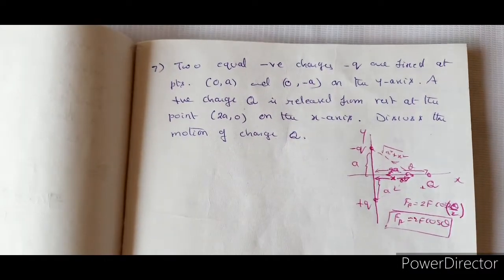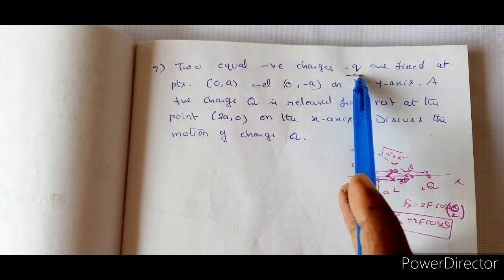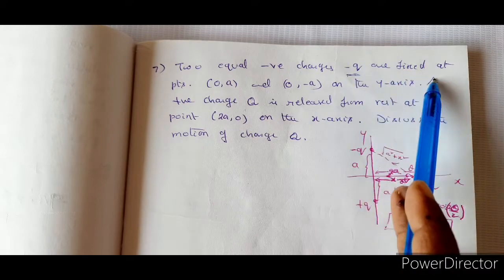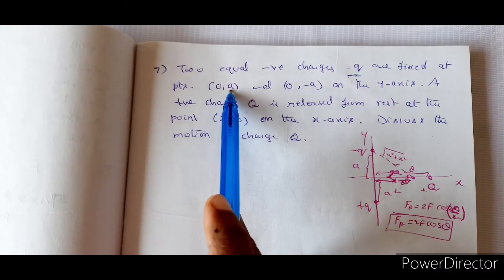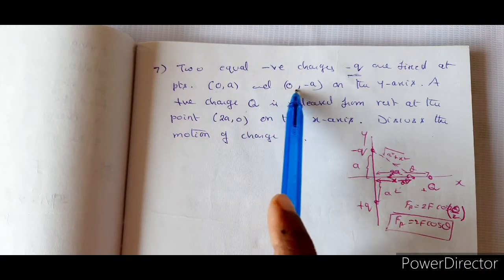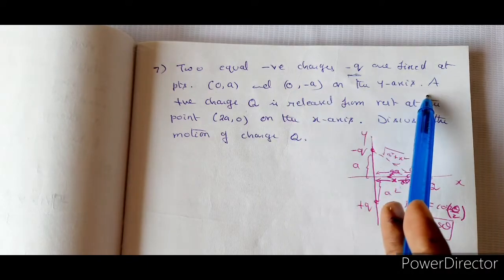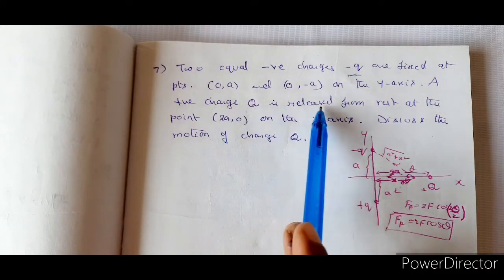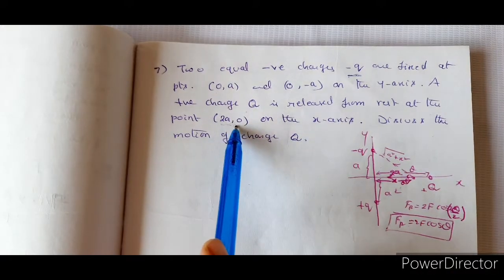2 equal negative charges, minus q, are fixed at 0 comma a, which is on the y-axis, and 0 comma minus a, which is on the negative y-axis. A positive charge q is released from rest at the point 2a comma 0, on the x-axis.